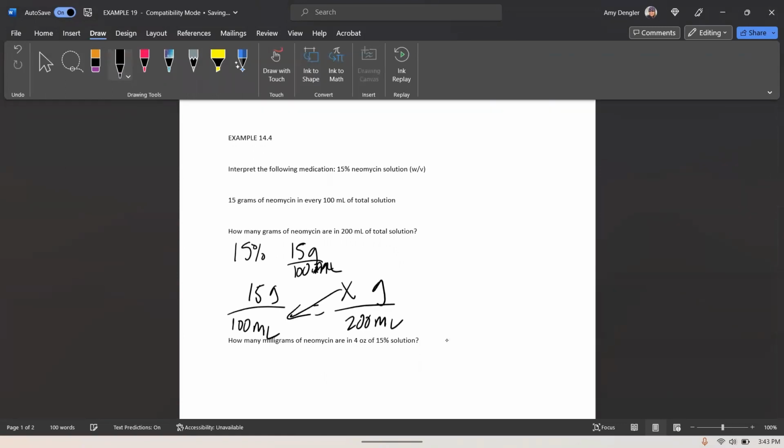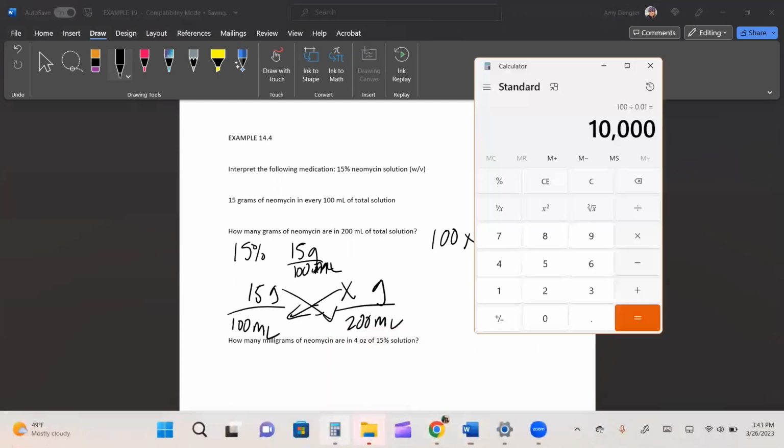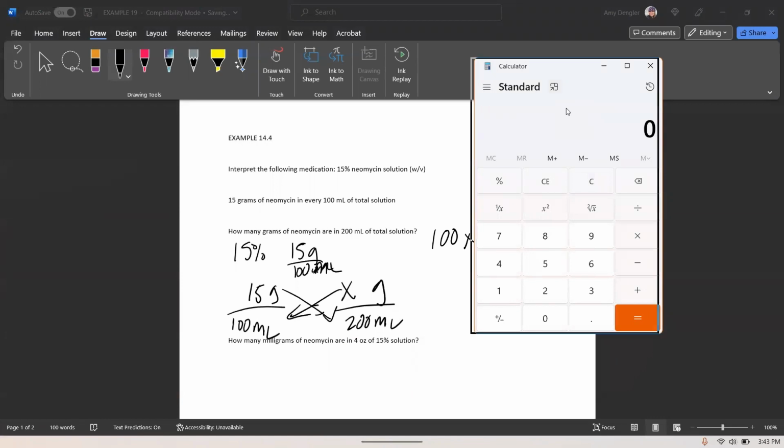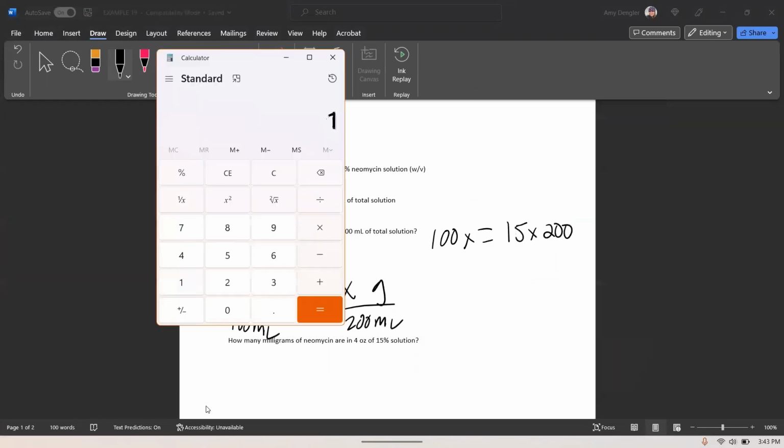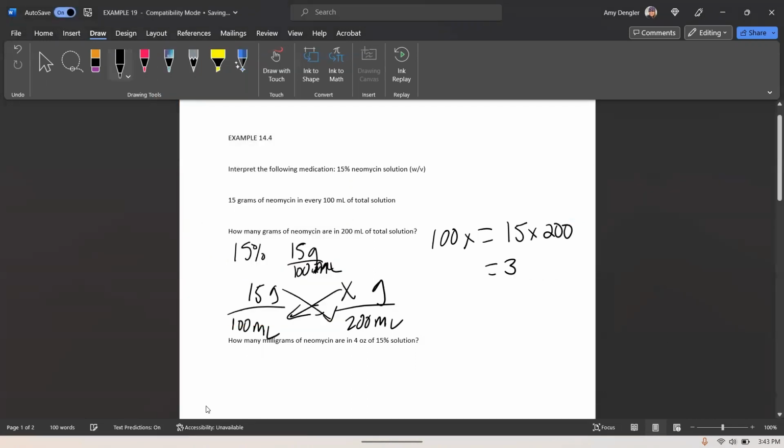So 100x is equal to 15 times 200. So 15 times 200 is 3,000. Now we want to get x alone, so we have to divide it by 100. That crosses out.